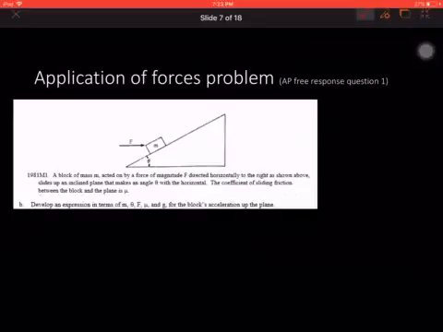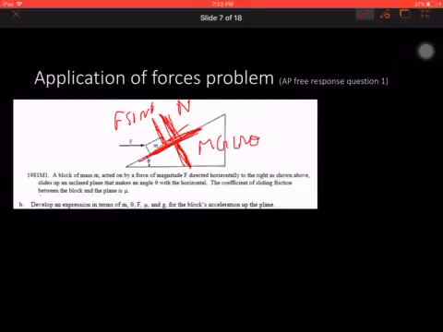Say this is the coordinate axis. That's where your normal force is going to point. That's where your applied force F sine theta is going to point. And that's where your mg cosine theta is going to point.